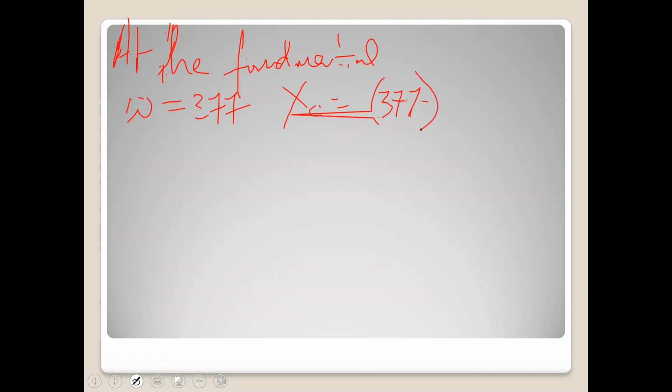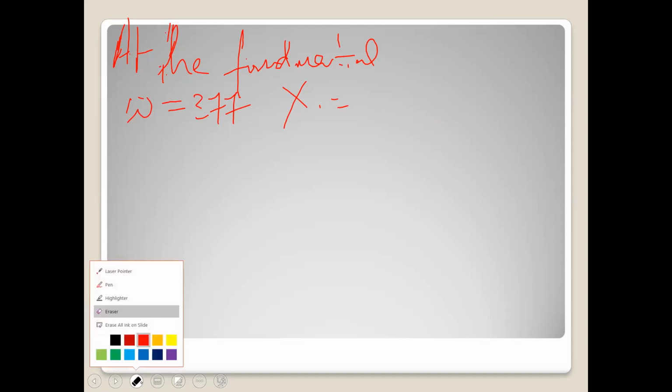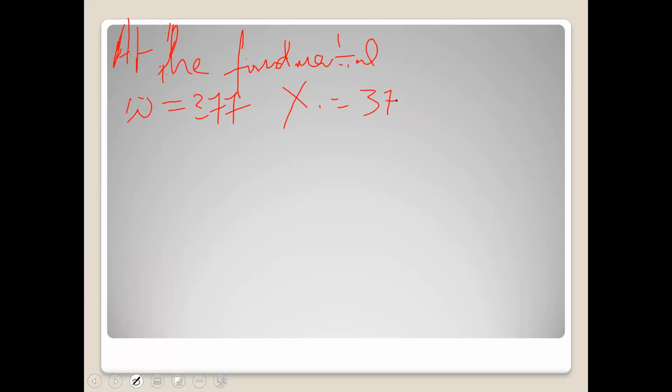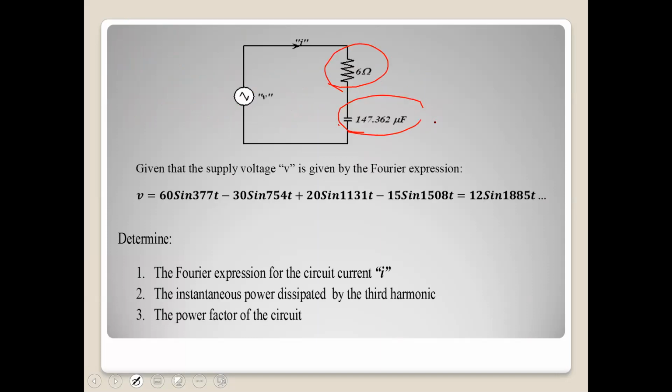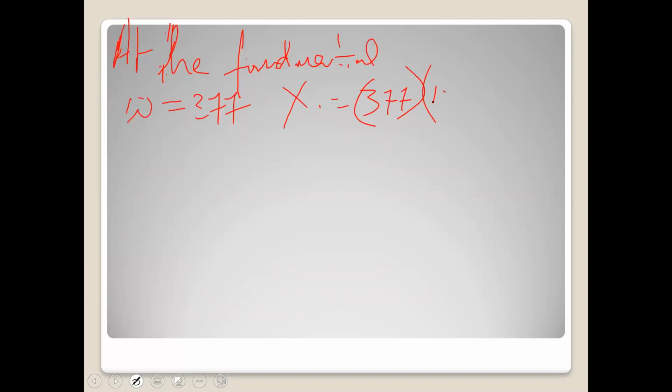377 times 147.362 times 10 to the minus 6, all of this to the minus 1.